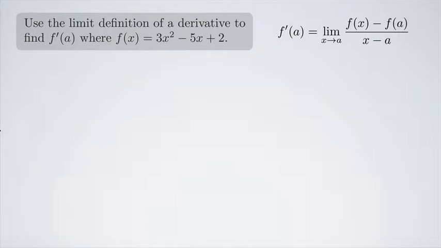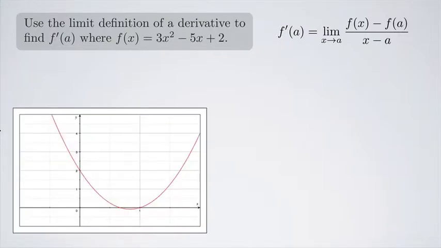Let's look at a graph of the function. We see it's a parabola. What is this limit definition saying? If we have some point on the graph, say this point right here, with a coordinate of a on the x-axis, and then another point, say this point right here, with a coordinate of x, we're letting x approach a.